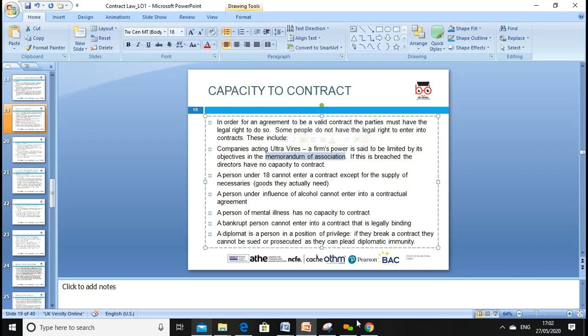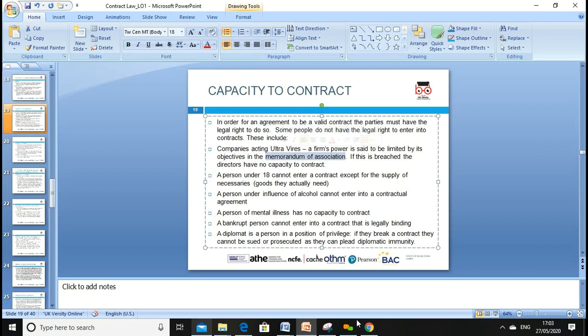Memorandum is normally from organizations or unions. When you register the company at Companies House, you have a memorandum. They can just remove you from Companies House. It is to limit the powers of the company.